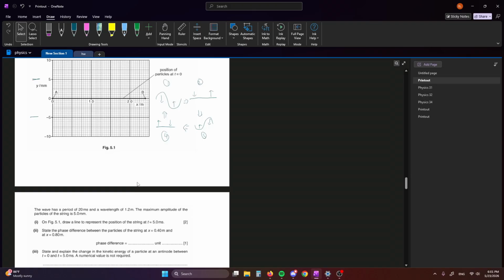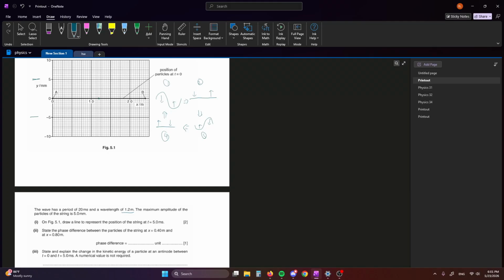we know the amplitude and what it can look like. So we're going to draw a sinusoidal wave. So something like this, right? But we have to figure out exactly the amplitude as well as the wavelength. So the wavelength is 1.2 meters. So we'll have an up and down, or a crest and a trough, I think, at 1.2.